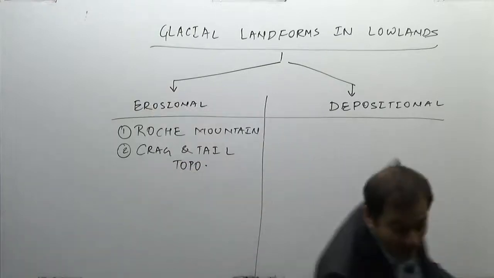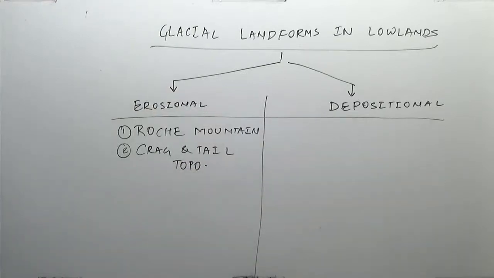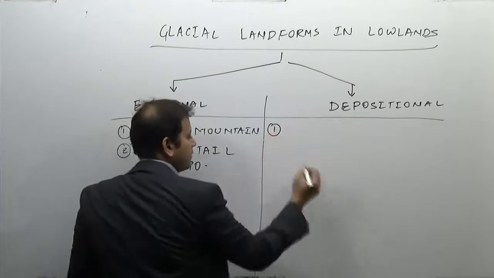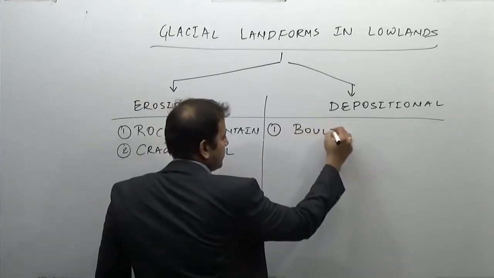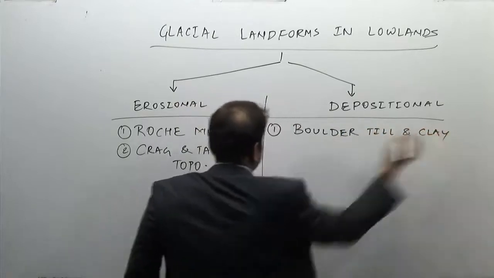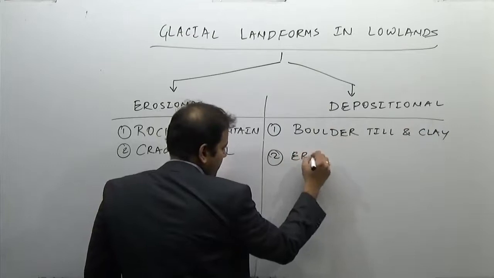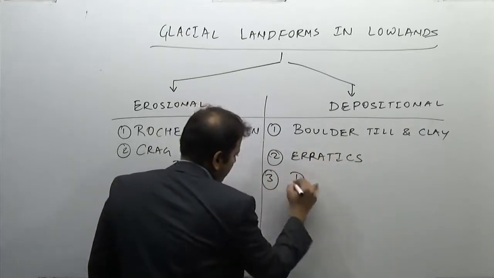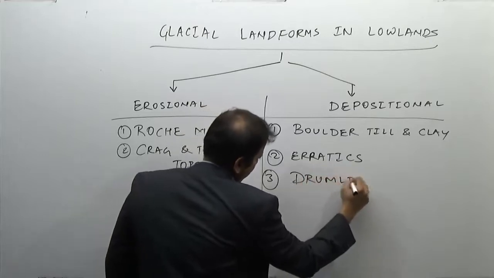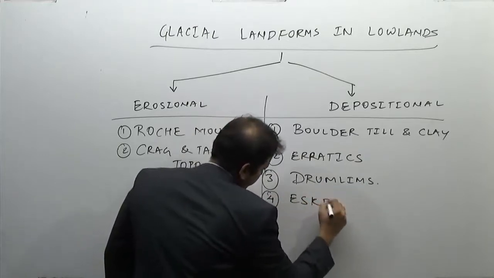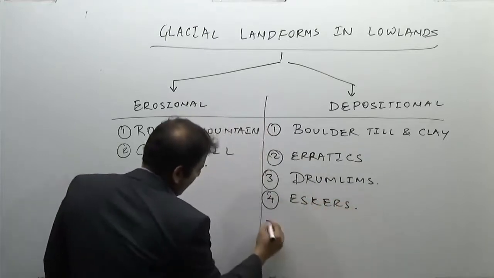While there are numerous depositional landforms: boulder till and clay, erratics, drumlins, eskers, and lastly outwash plains.